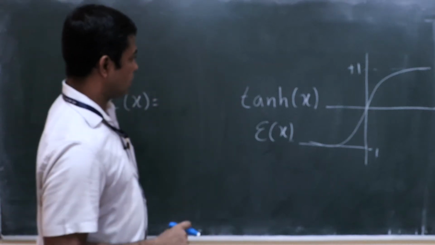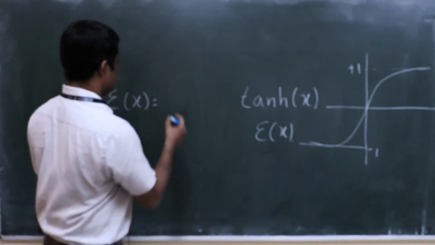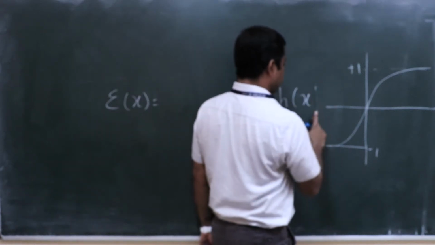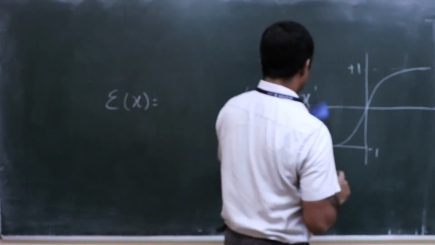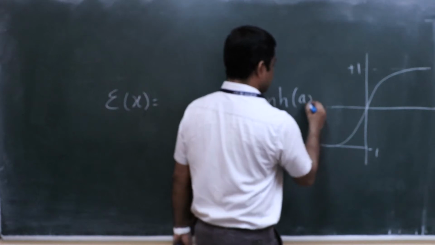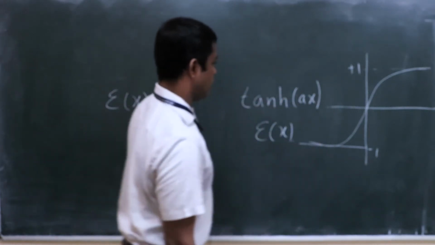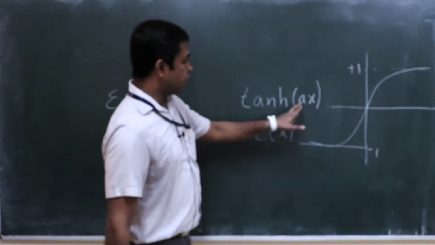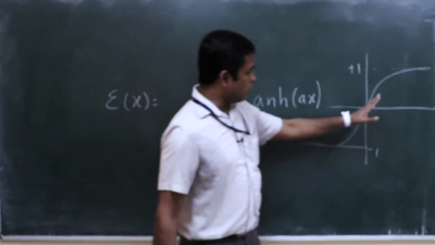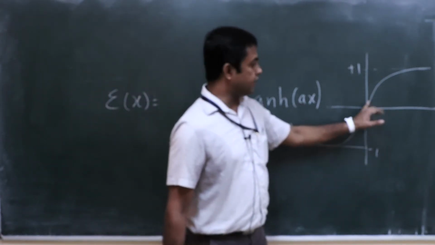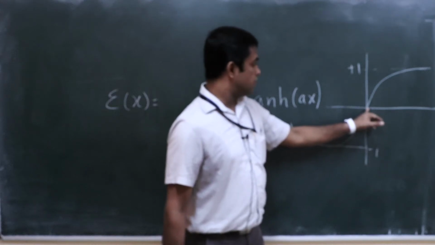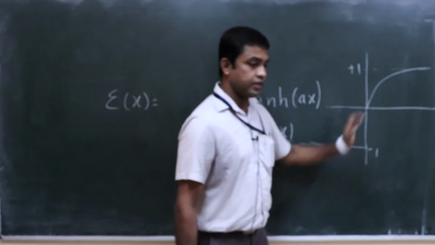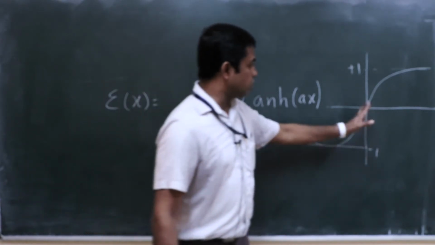Sir, could we write it as limit a tends to 0? Okay, suppose I have tan hyperbolic ax here, where a is a positive constant. If a is equal to 1, what is the slope of tan hyperbolic x at x is equal to 0? 1.